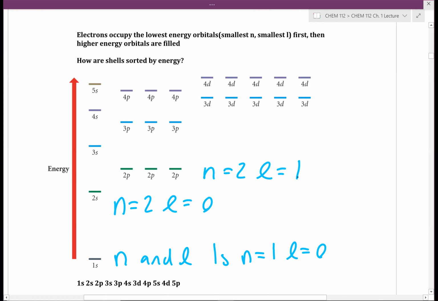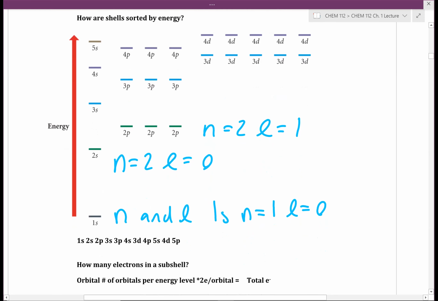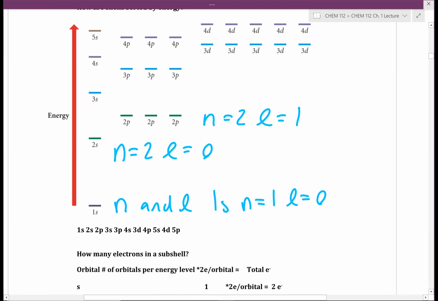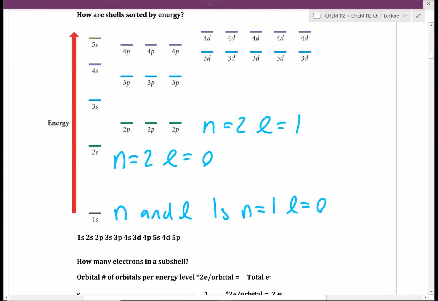The energy in general increases as you increase n and l, as you increase orbital size, and as you change orbital shape. Does that make sense so far? Okay. We can summarize this overall orbital energy diagram into a general filling order. So this is a general filling order. We'll come back to this when we start talking about electron configurations.